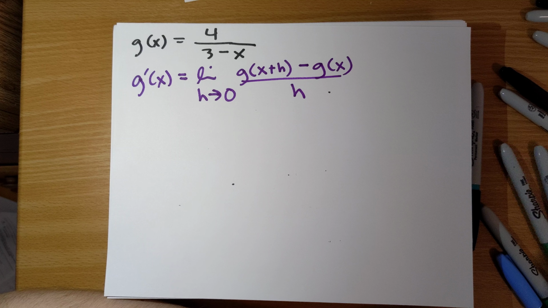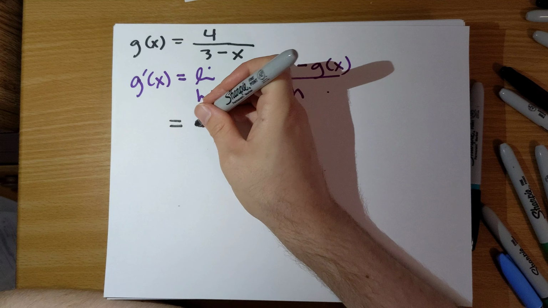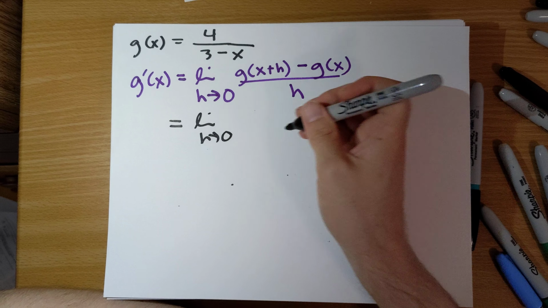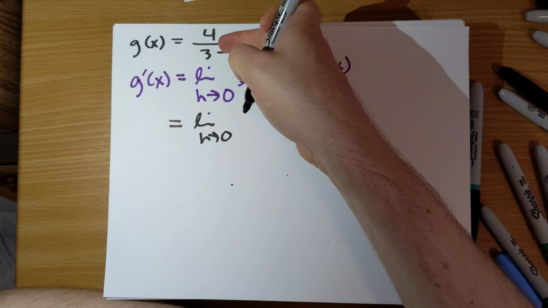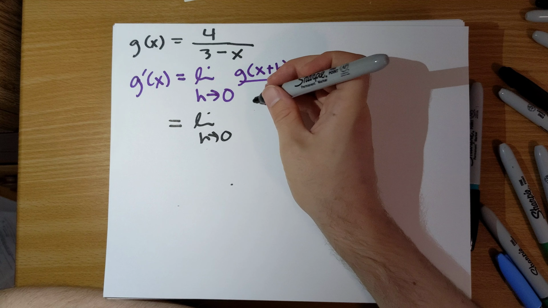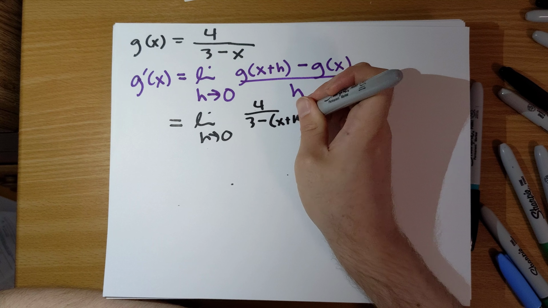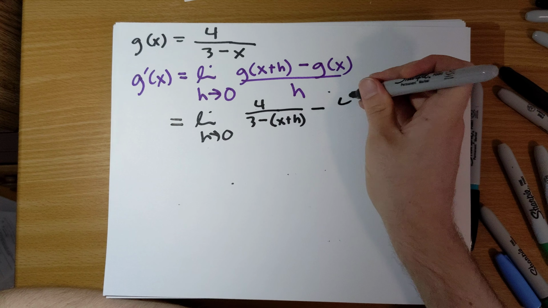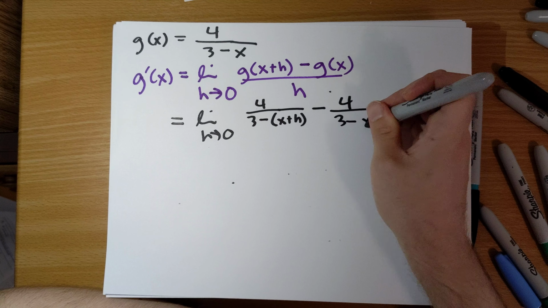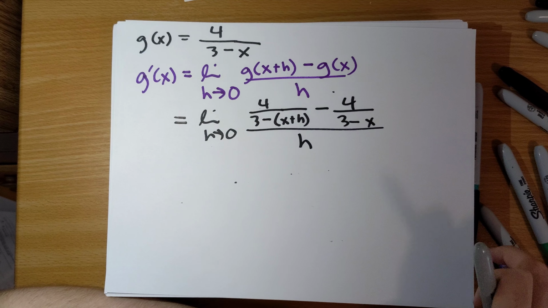Okay, so limit as h goes to 0 of g of x plus h. Everywhere we see an x, we replace it with x plus h. So this is 4 over 3 minus x plus h, minus 4 over 3 minus x. All of this over h.